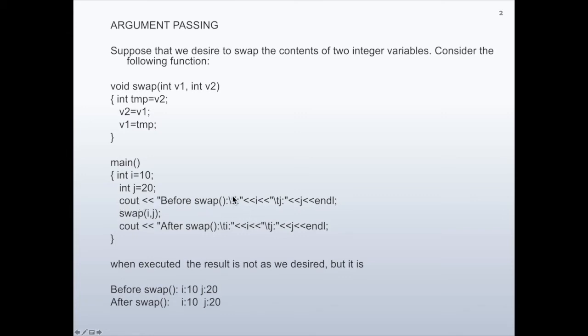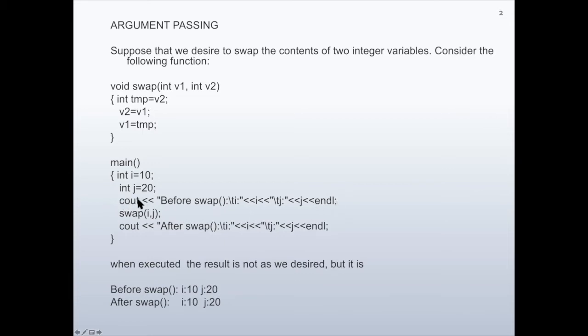This is for tab operation, \t is tab, and then it is written "i:", and then the value of i is outputted. Then comes another tab, and then "j:", and then the value of j is sent to the output device. This is for the new line.